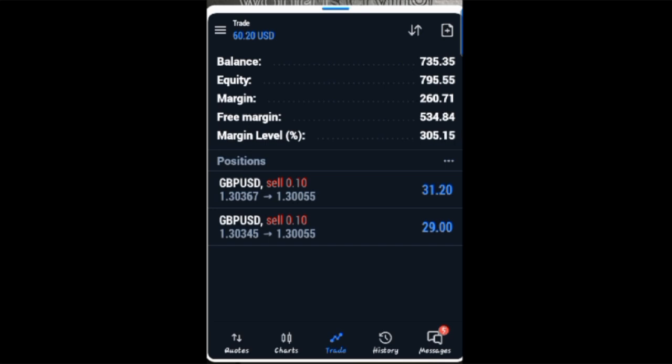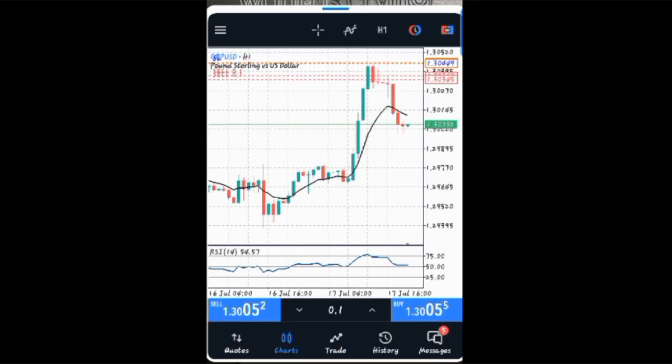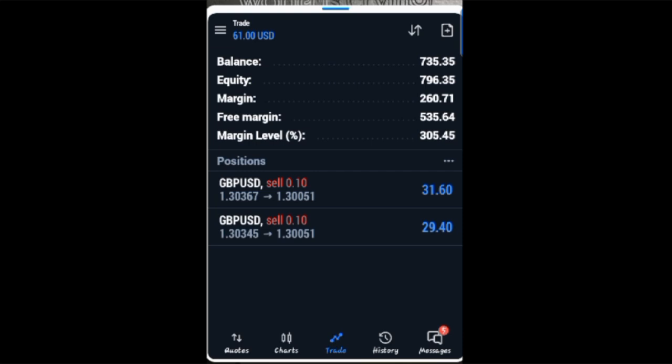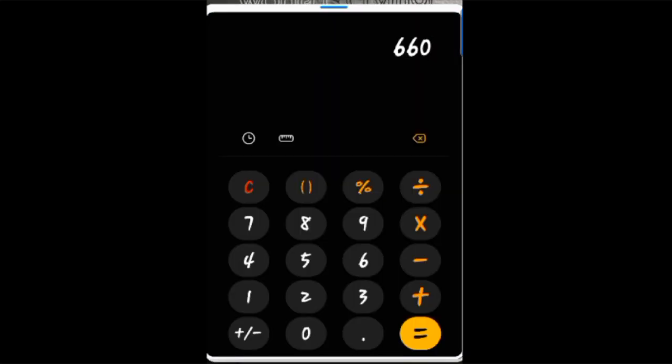After the early hour of 200-something dollar profit, that was my balance, so I had to reassess my account and plan another level of risk management suitable for that balance. So I pulled out my calculator and typed in $665, but let me go with $660.